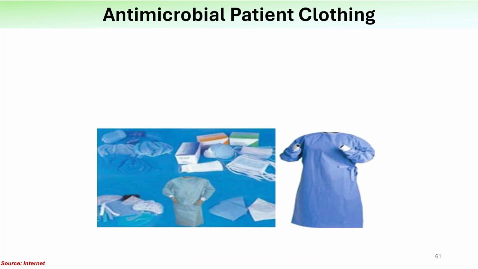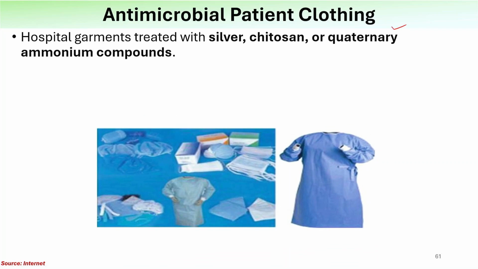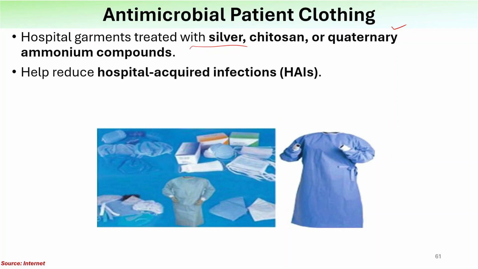Antimicrobial patient clothing: hospital garments treated with silver, chitosan or other compounds are used for patient clothing. This helps reduce hospital acquired infection, HAI.